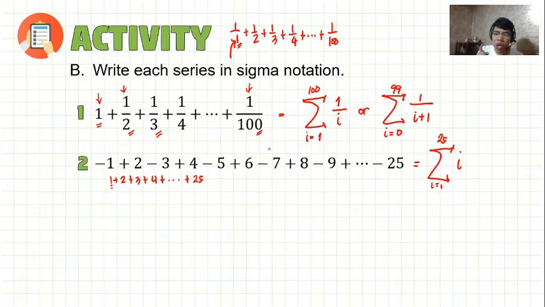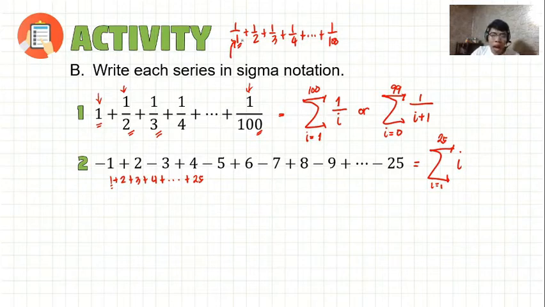So how are we going to obtain that minus sign there? That is what makes it difficult for us here. We need to determine the pattern or the value that we're going to give to our sigma notation to get the negative signs.